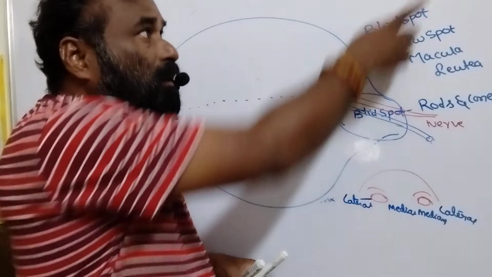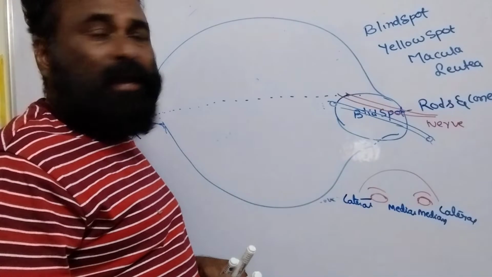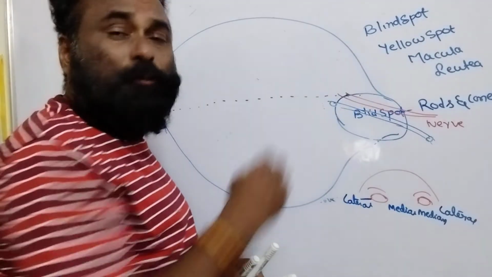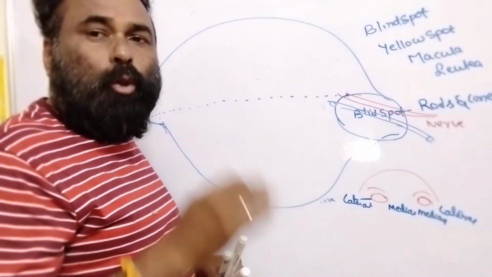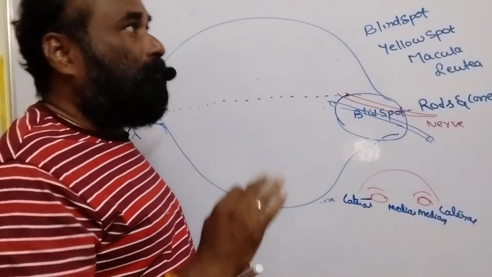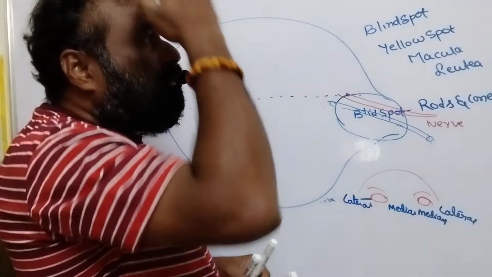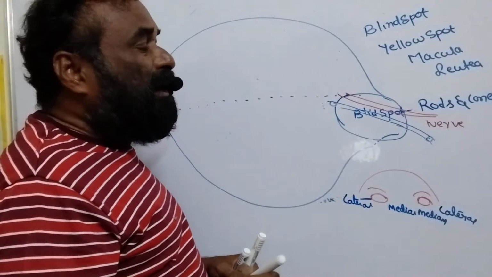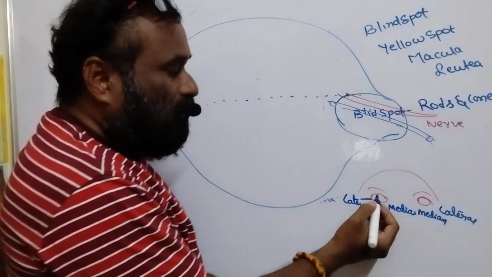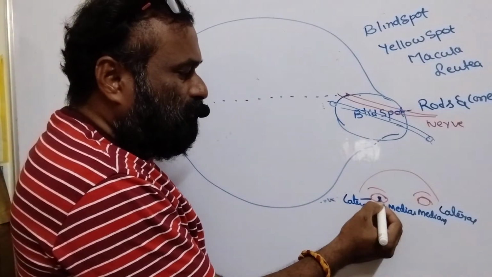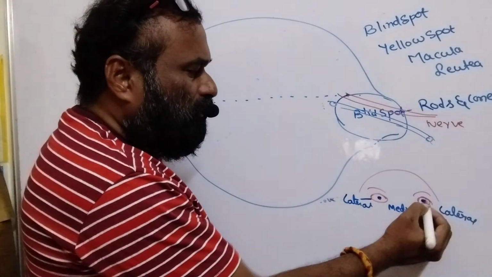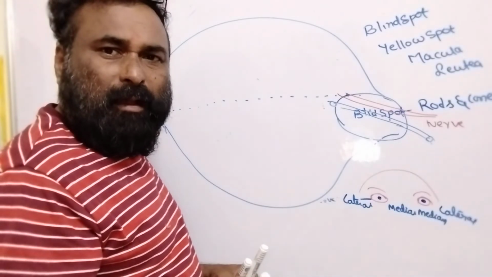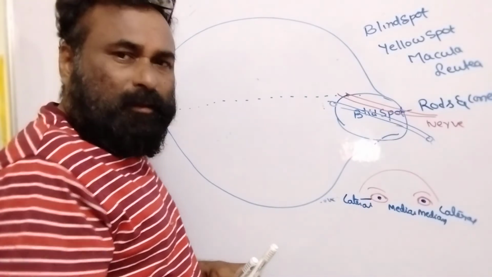One more important area is the yellow spot. Where is the location of the yellow spot? It is located lateral in the eyeball. This is the blind spot.